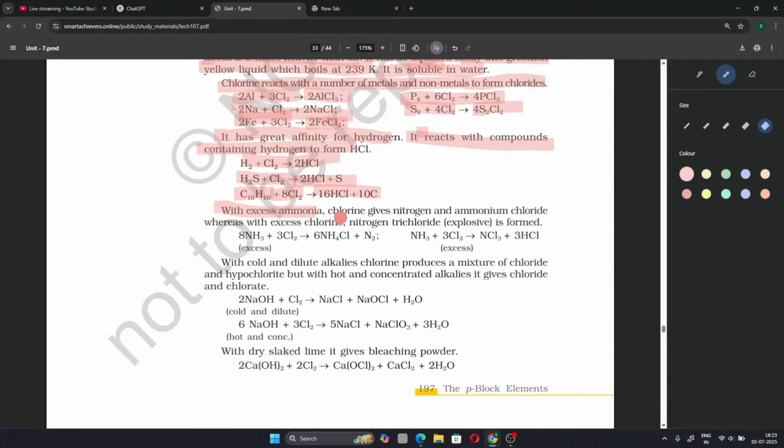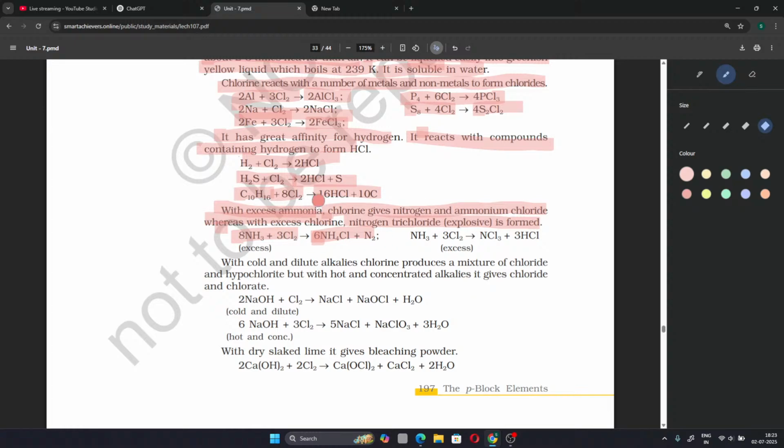With excess ammonia, chlorine gives nitrogen and ammonium chloride, basically describing this reaction. When a high amount of NH3 we take, it will react with 3 chlorine to give ammonium chloride and nitrogen gas, dinitrogen gas. Whereas with excess chlorine, nitrogen trichloride, an explosive, is formed.